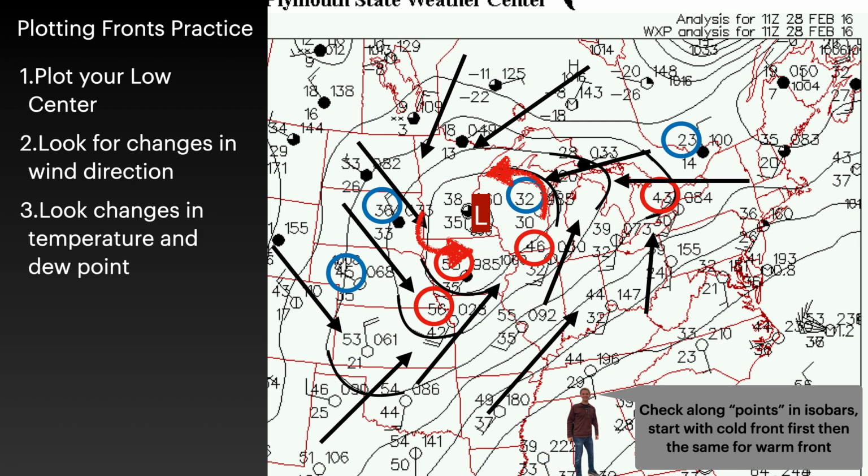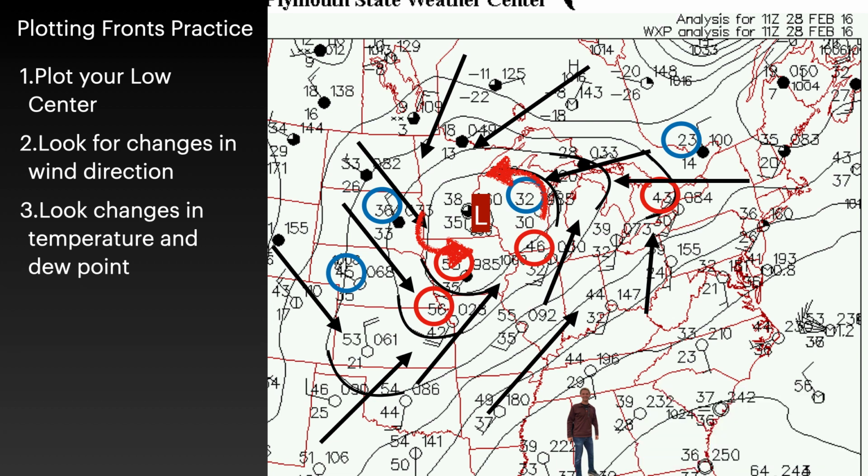Once you have done this, double check your changes in wind direction, and then after that, you can confidently plot your cold front. Now remember, when you put the triangles on there, that's telling you that that front is moving in that direction. So in this case, it's moving to the right side of the page.